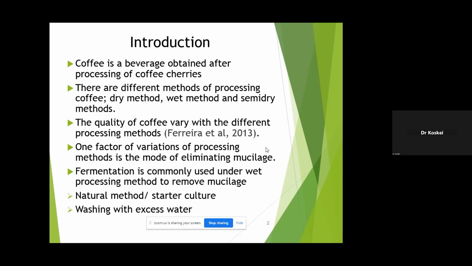One factor that may contribute to variations is the mode of elimination of mucilage, a substance found in coffee cherries, and fermentation is a method commonly used under wet processing to remove this mucilage.